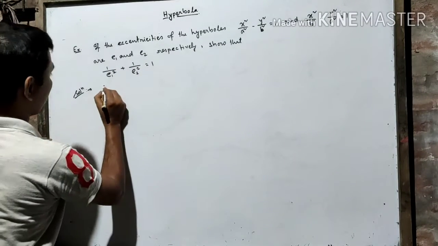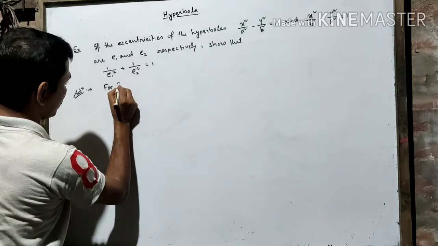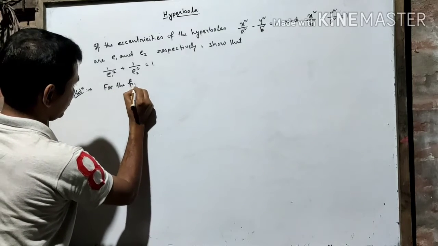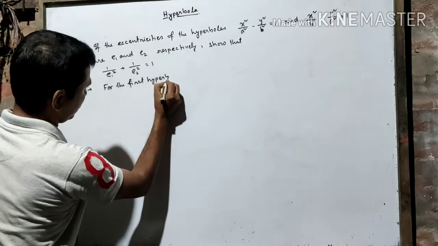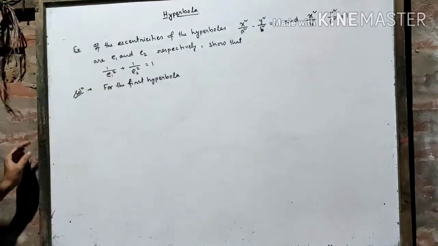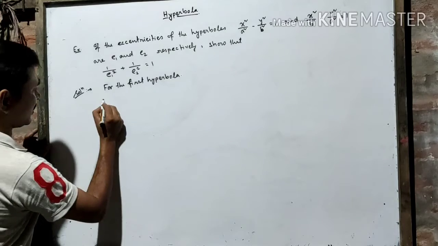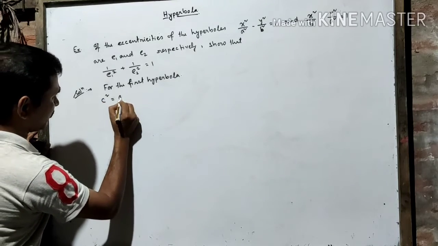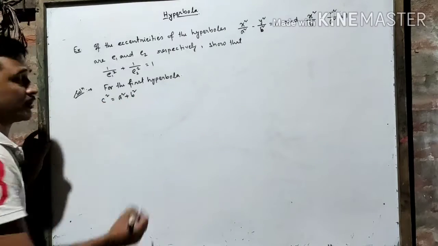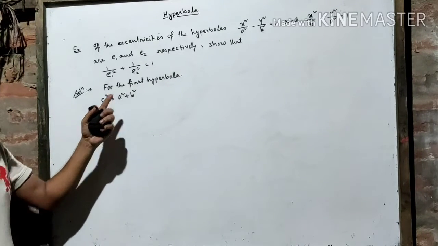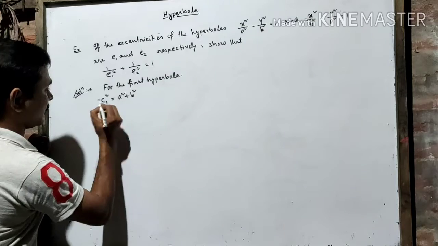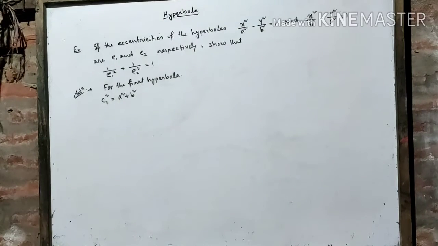So for the first hyperbola, we have the relation c square is equal to a square plus b square. Alright, but there are two hyperbolas, so we will use c1 square and c2 square.